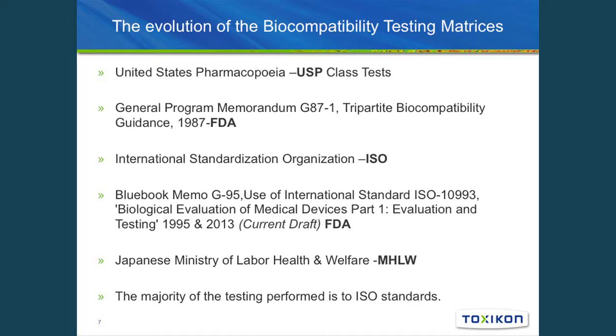And most recently, back in April of this year, they came out with a new draft guidance, which is going to be going through final comments, I think the beginning part of next month. And that is, again, how to use the ISO 10993, particularly Part 1, where you find out what tests you need to do for your product. And we'll talk more about that in a little bit.